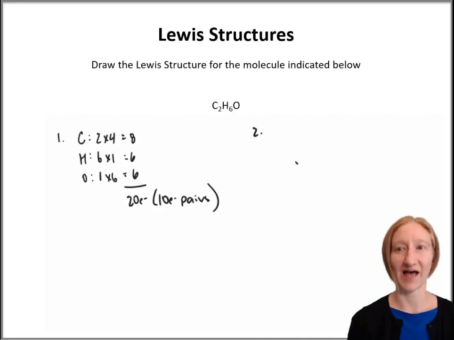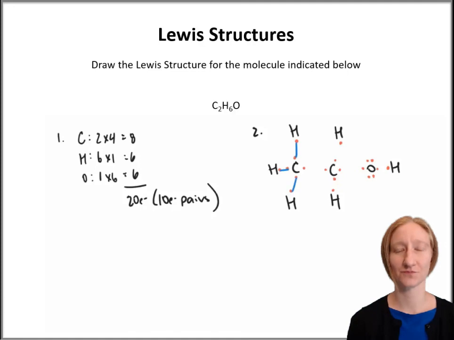Then we'll draw our atoms, putting carbon and oxygen in the middle and arranging the hydrogens around the edges. We add the valence electrons to each atom. And then we'll connect the atoms with bonds.